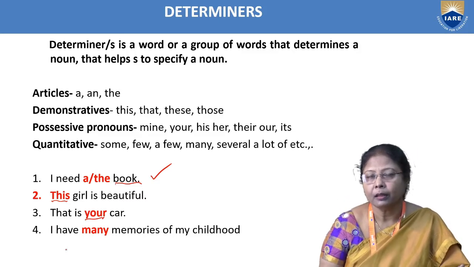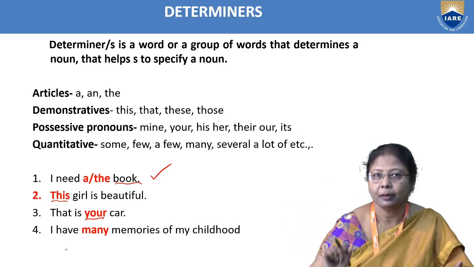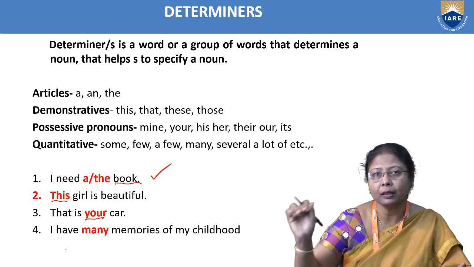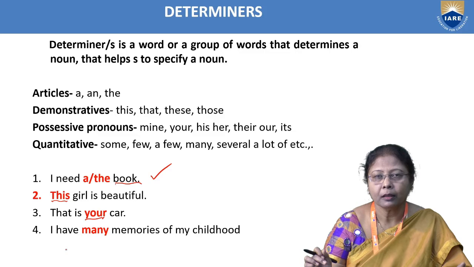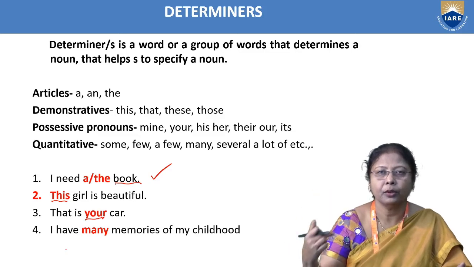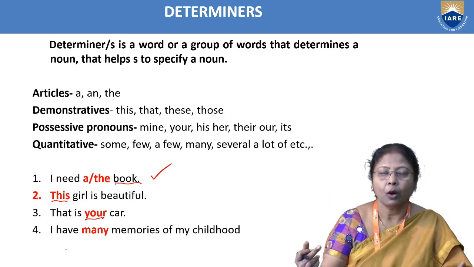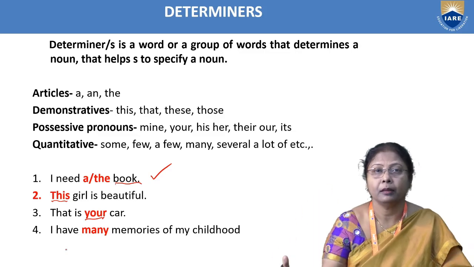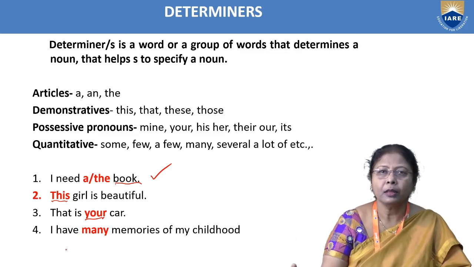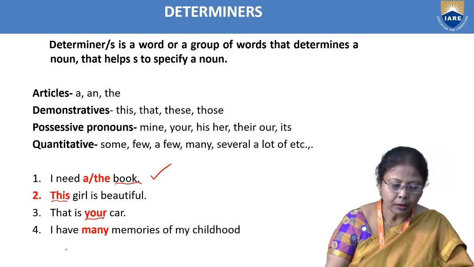Who is the girl? This girl. Who is that girl? This girl is beautiful. Whose car is that? This car is mine. Your. How many memories are there? Many. So in this way, these act as determiners.